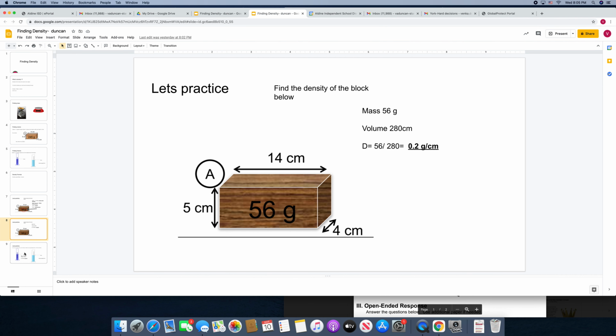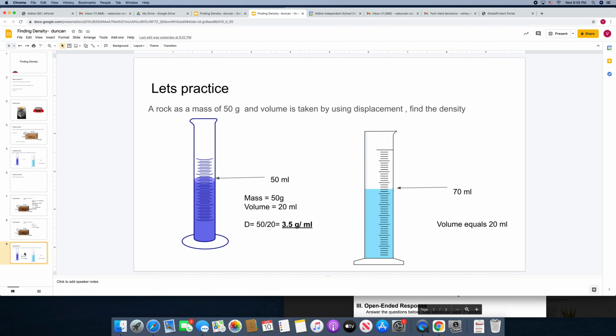All right. Next, we have this graduated cylinder here. We're going to do another example. So this is for an irregular shape. A rock has a mass of 50 grams and the volume is taken by using the displacement method. Find density.